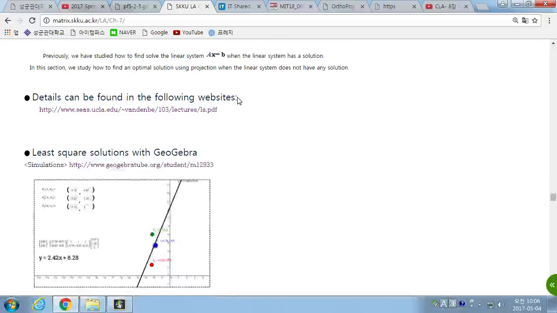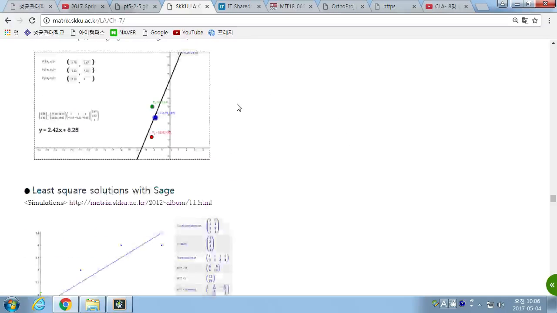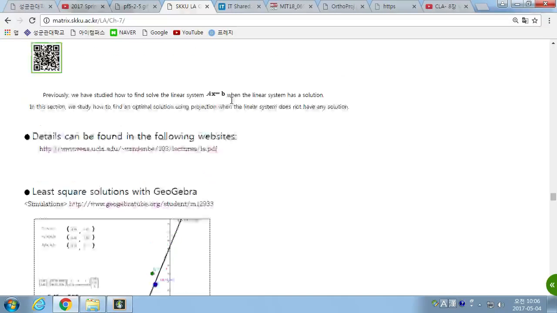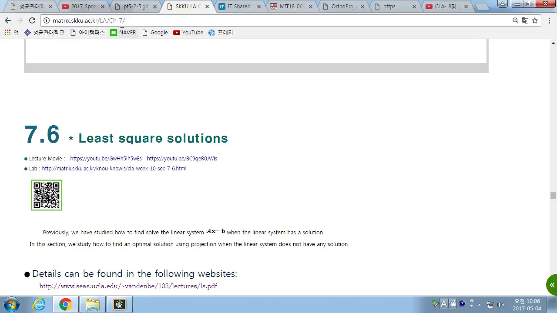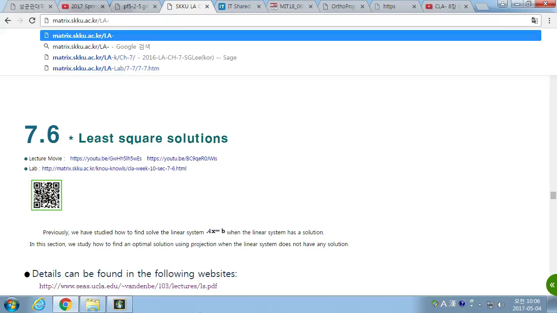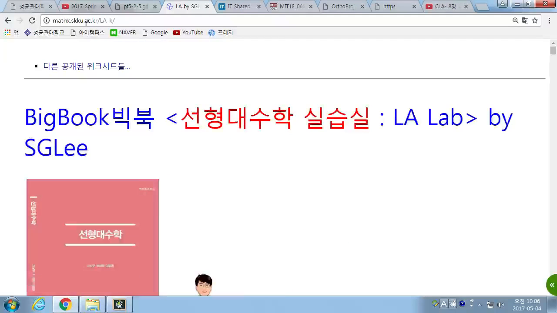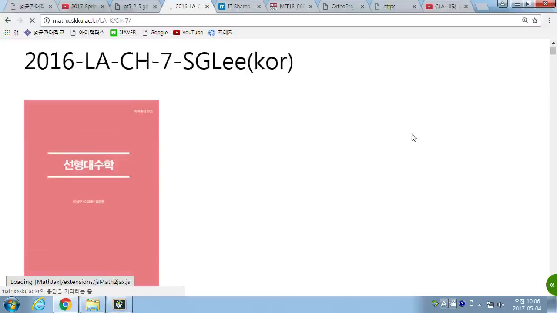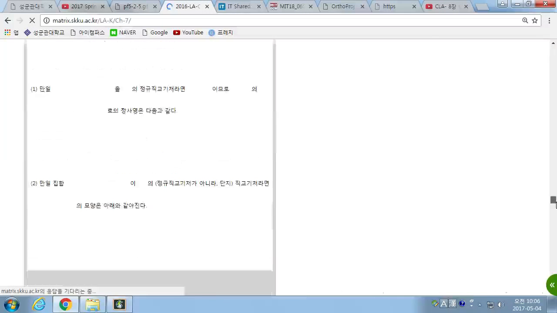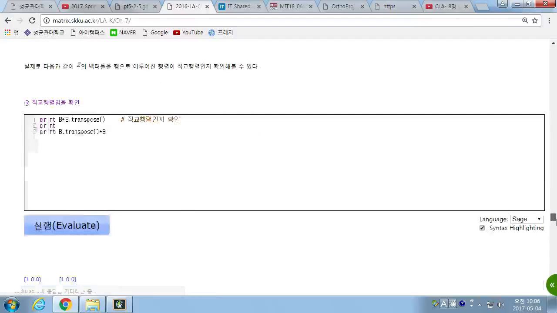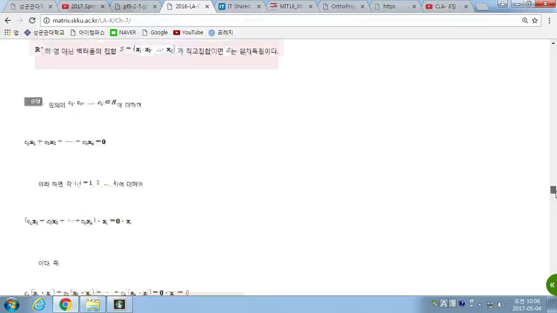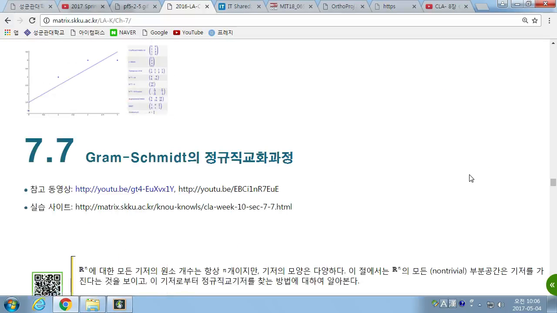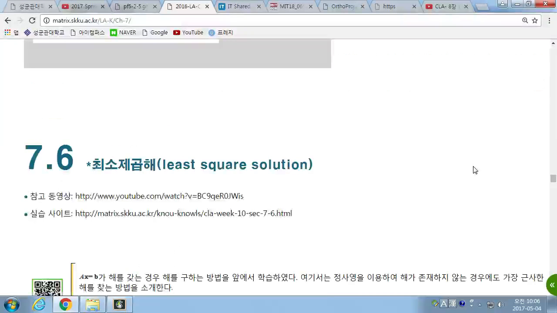Okay, anyway, the least square solution. Where you can look at this is here. Here you go, chapter 7. Then here is Gram-Schmidt, chapter 7 here. Least square solutions.